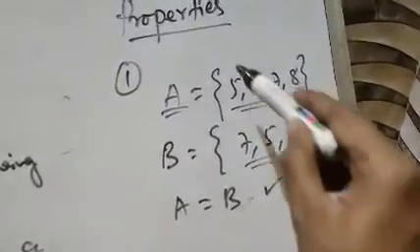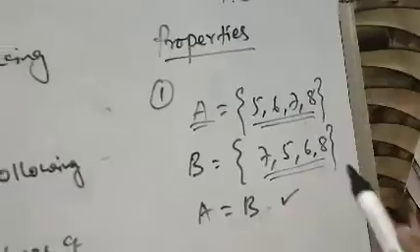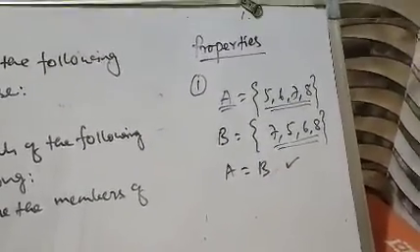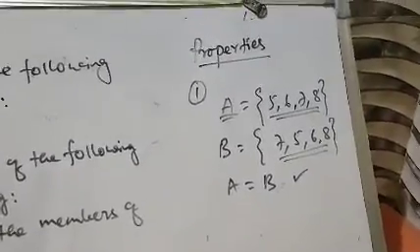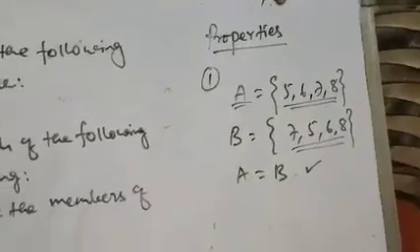We have written 5 to 8 here, and here we have written 7, 5, 6, 8. But the numbers, the elements, are the same, right? Therefore set A will be exactly equal to set B.